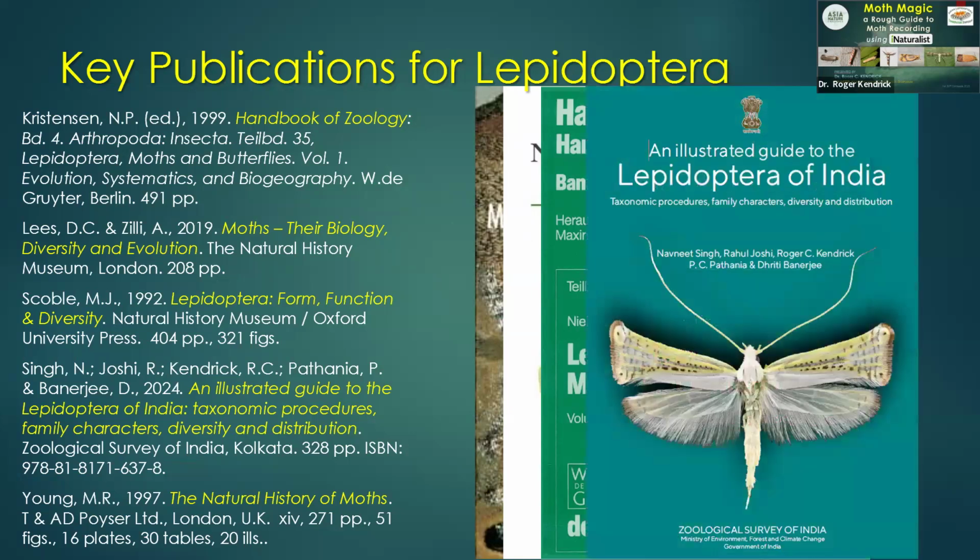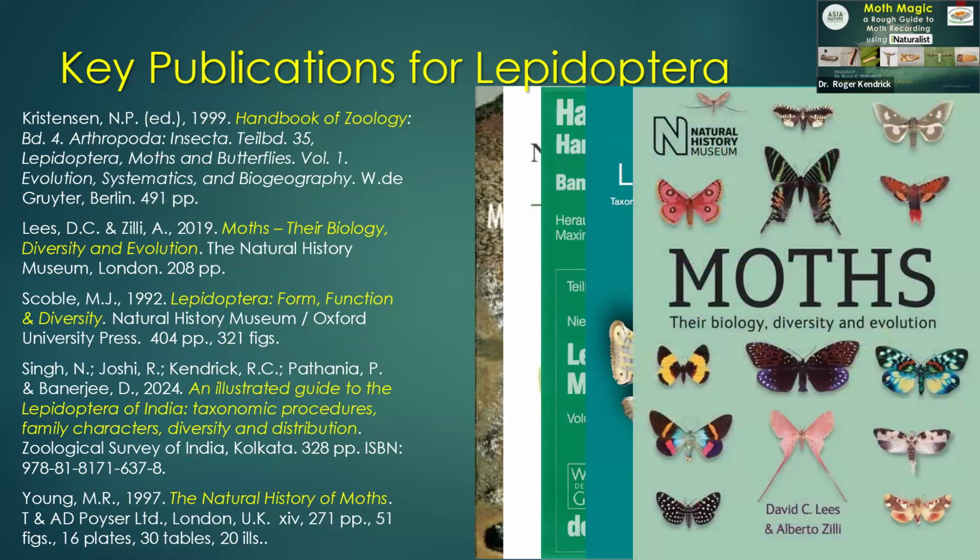But there we go. This one is the most recent one that documents families for India, not just for India. It actually lists all the families. So it's relatively up to date, published just last year. And this one gives you an up-to-date rundown of the biology and of evolutionary history.